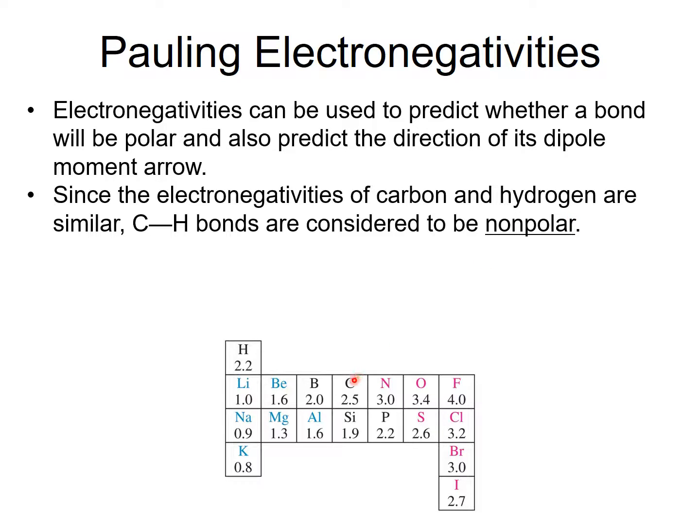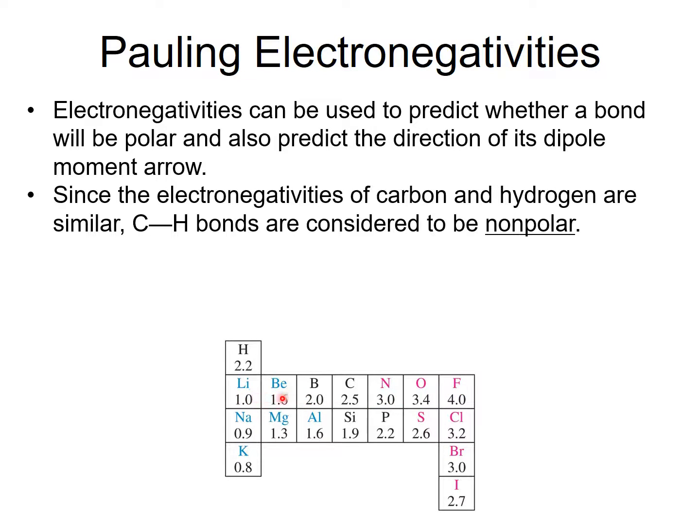Even though they look like they're far away in the periodic table, you just treat them as if they have the same electronegativity. The other thing you want to remember is that the position where atoms show up in the periodic table determines electronegativity. So if you have an atom over here in group 7 as opposed to an atom in group 1, these are on opposite sides of the periodic table.